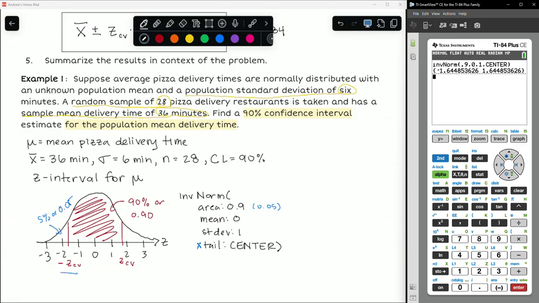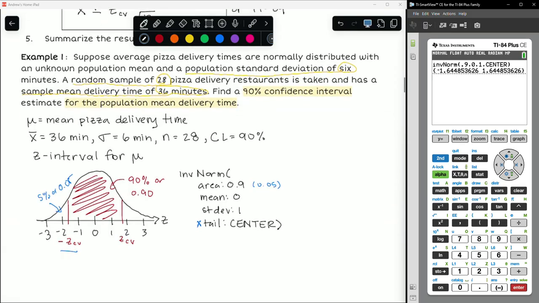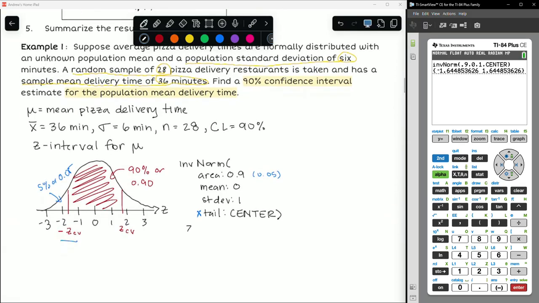We're going to ignore the sign. We really only want the absolute value of that result. So we know that our critical value is 1.645. Some books leave it as 1.64, but more commonly 1.645.